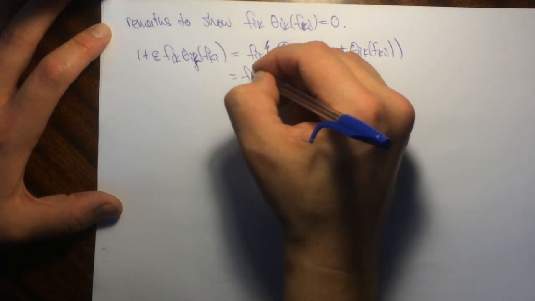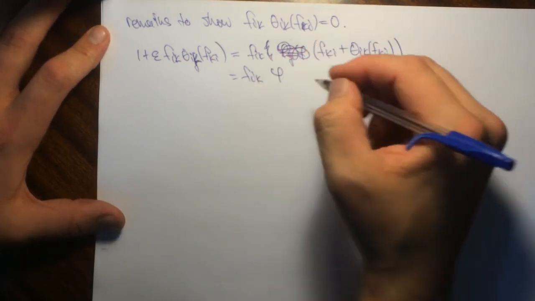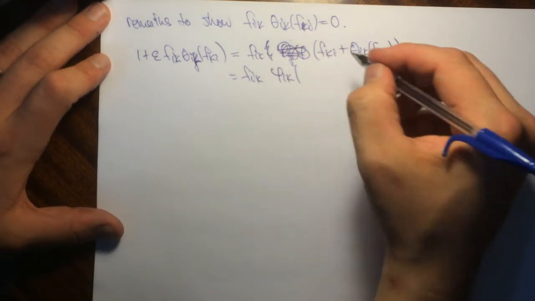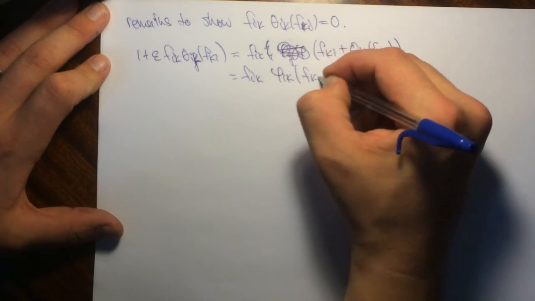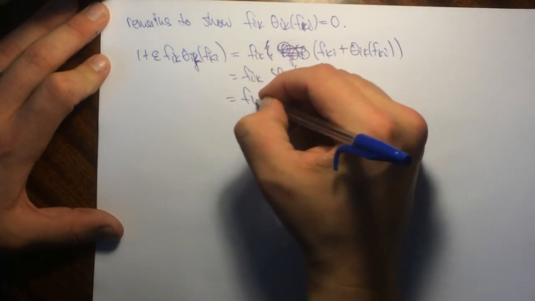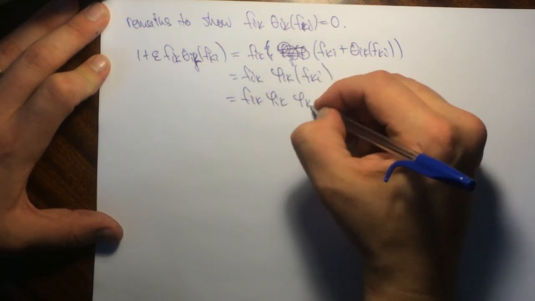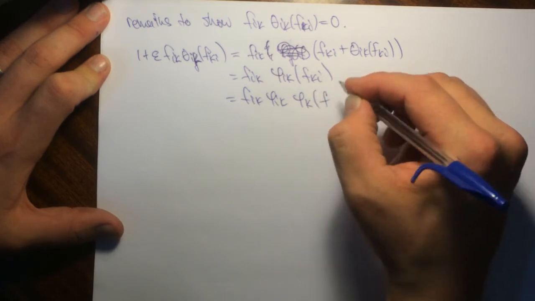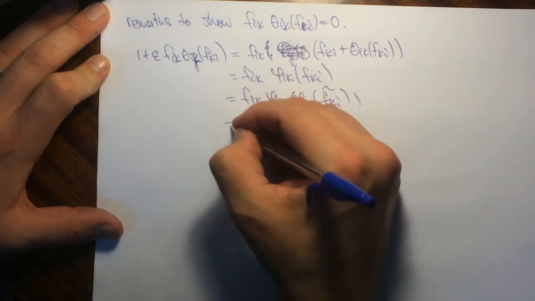Okay, so this is phi ik. Now we're going to do phi ik here. Then this is the transition of fki. So this is fik, phi ik. And then here we do phi k. And then we do fki tilde. So this is the trick.